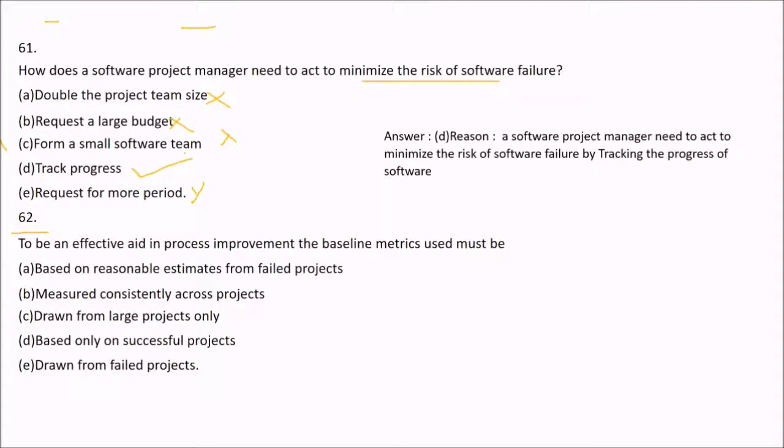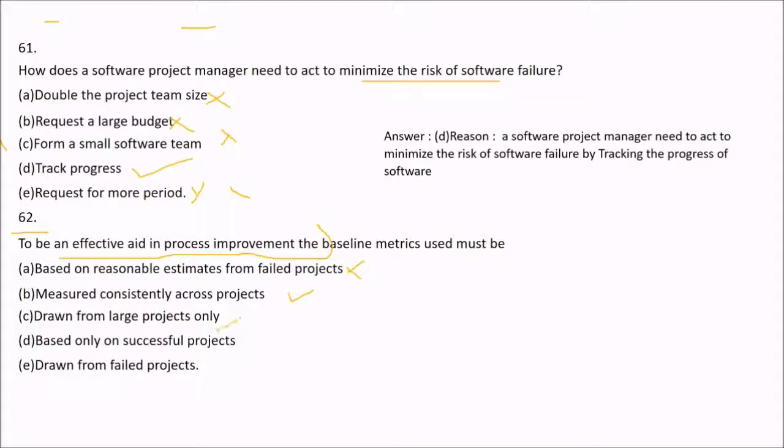To be an effective aid in process improvement, the baseline metrics used must be... So 62: based on reasonable estimates from failed projects, no. Measured consistently across projects, this is somewhat correct.